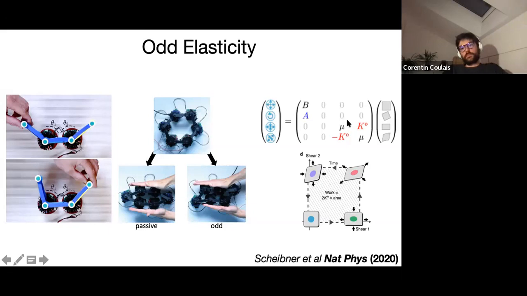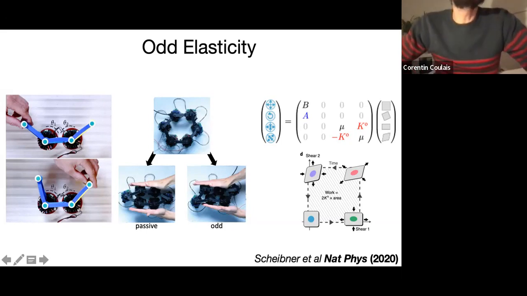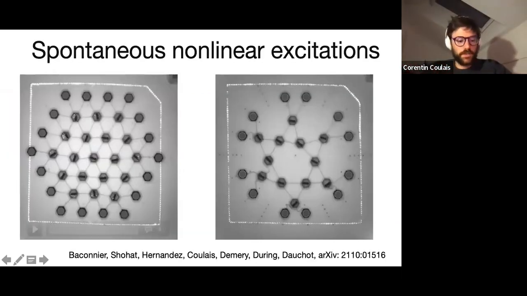Okay, thank you. And one question about the last slide that you showed about the chiral structure. So actually here, I think. Yes, exactly. So in this case, the actuation, so you are inserting energy because this is non-conservative and you're actuating the nodes.